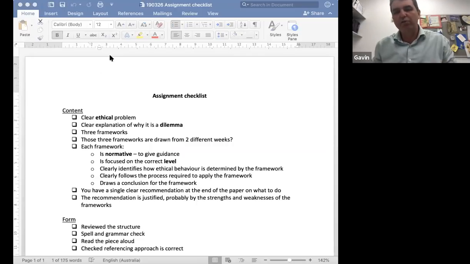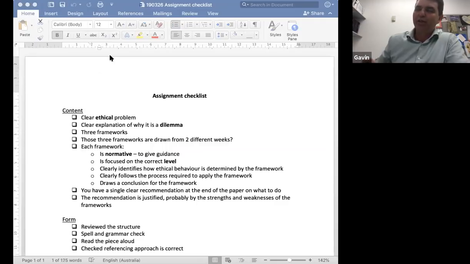Because the value you're adding is by doing the application rather than telling us what you're going to do. So listing the strengths and weaknesses adds less value than demonstrating how a strength helps you make a recommendation. By using it that way, you're doing it in an application.